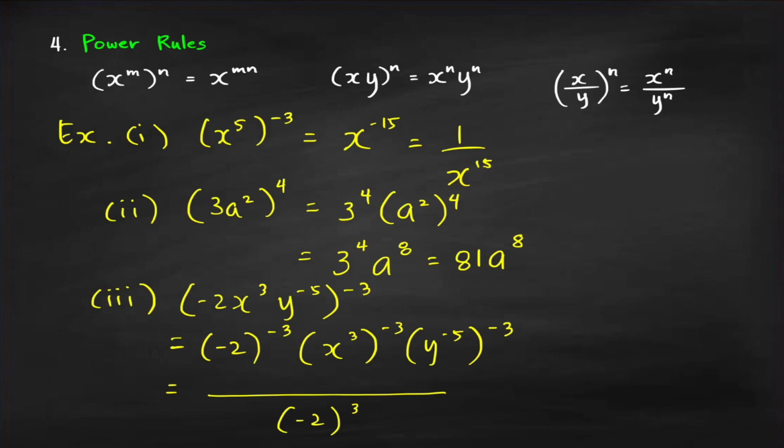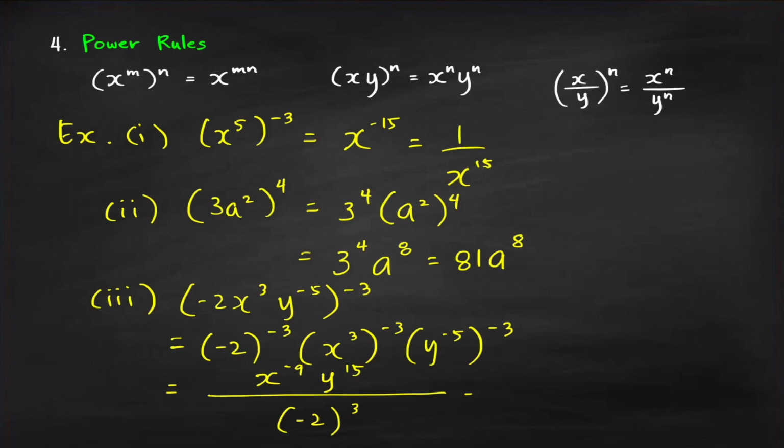Now, for this x cubed raised to negative 3, using the first power rule, we'll get x raised to 3 times negative 3, which is negative 9. And then we apply the same rule for this expression, and we'll get y equal to negative 5 times negative 3, which is equal to 15.